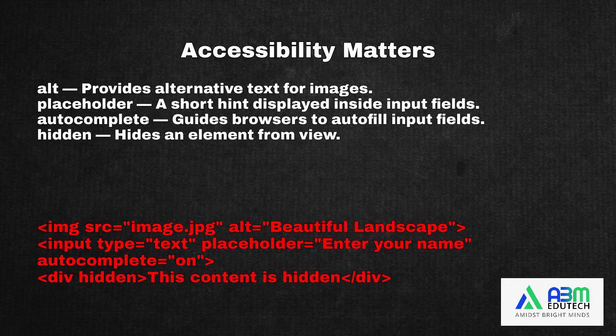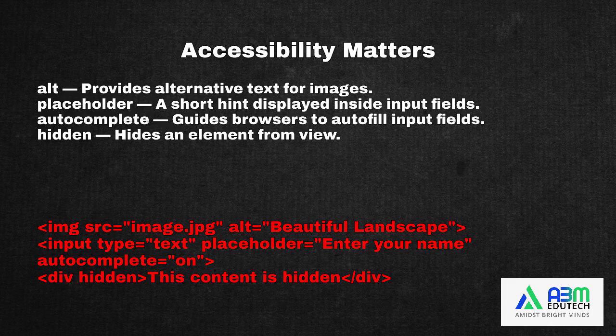Placeholder provides a temporary hint or placeholder text inside input fields, guiding users on what to do. For example, input type equals text, placeholder equals enter your name. It enhances user interaction by offering visual instructions. Autocomplete enables browsers to remember and suggest previously entered information in input fields.